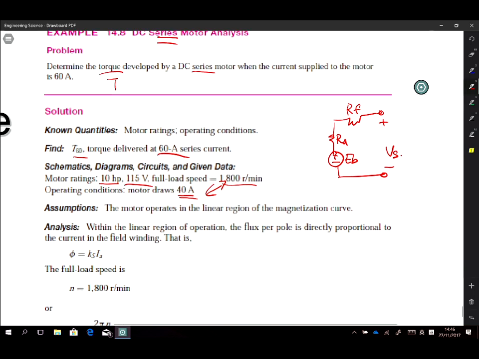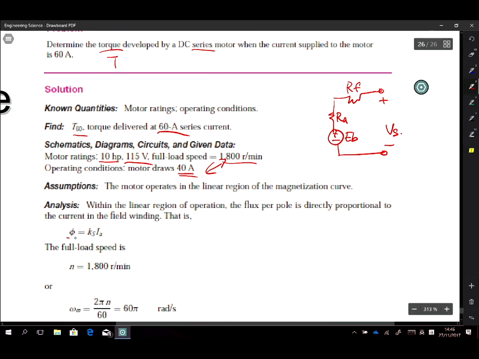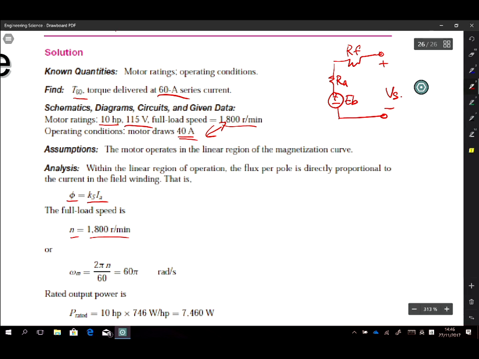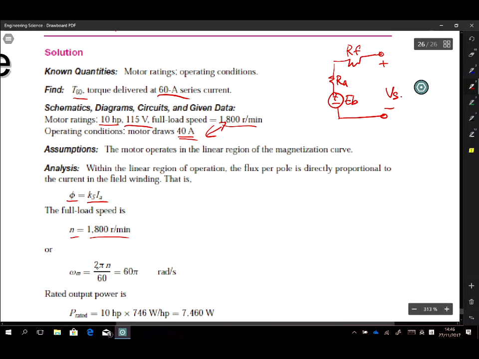Now we work out the solution. Firstly, we already told you that the magnetic flux is proportional to IA, equal to Ks IA. The rotation is 1800 rotation per minute, and we first convert it into angular velocity by multiplying by 2 pi over 60. It gives you 60 pi radian per second.